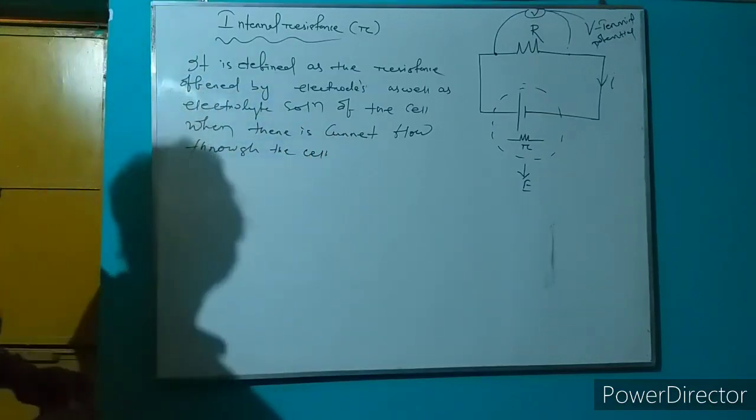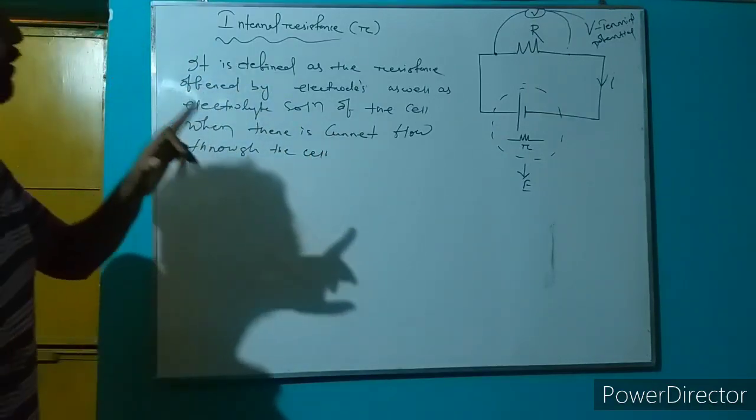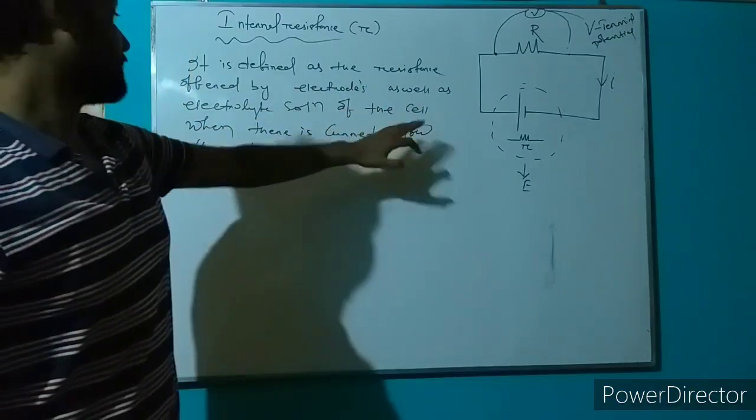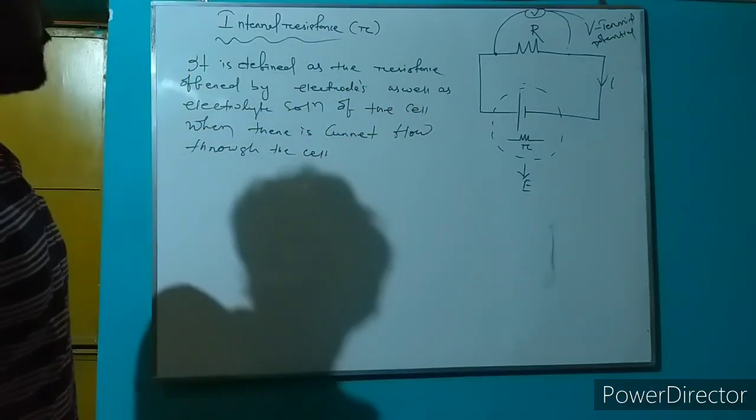Clear? It is defined as the resistance offered by the electrolytes as well as electrodes of the cell when there is a current flow through the cell.